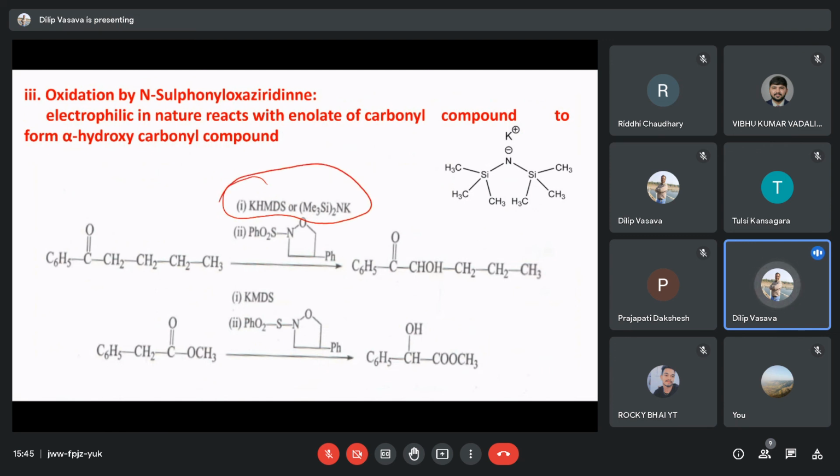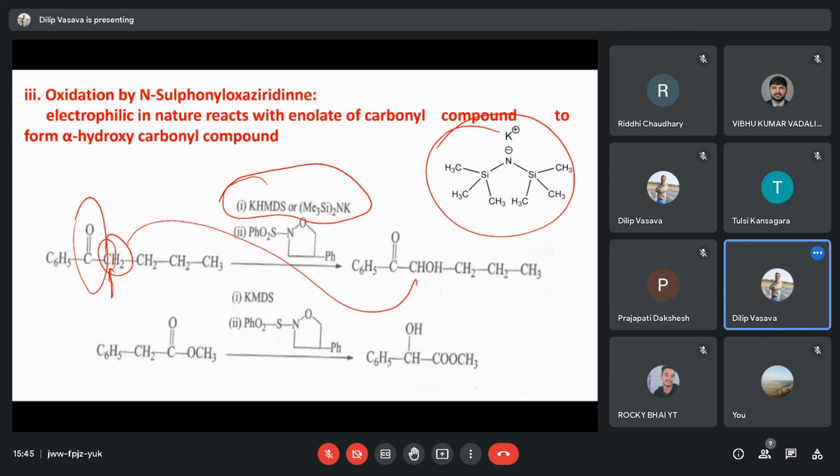So this is the oxidizing agent. Recently it is utilized in industry, in the oxidation where an alcohol is formed next to the carbonyl carbon atom. Here the OH is forming.